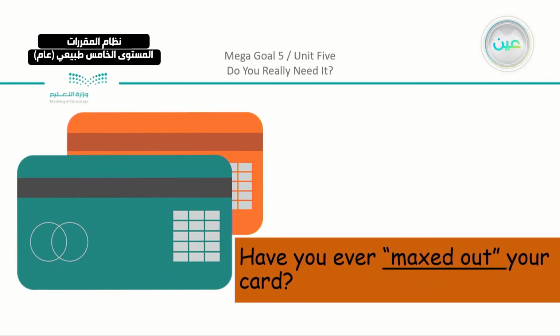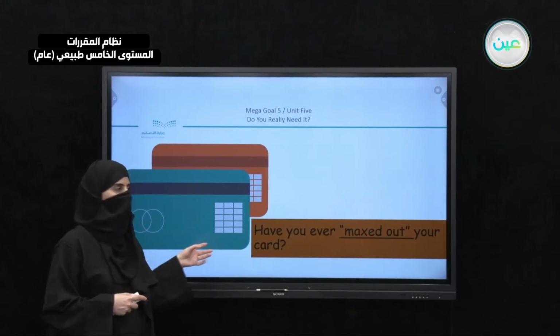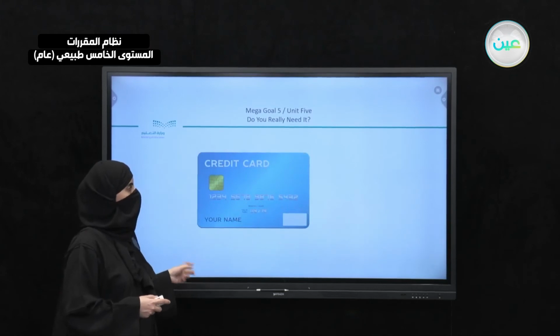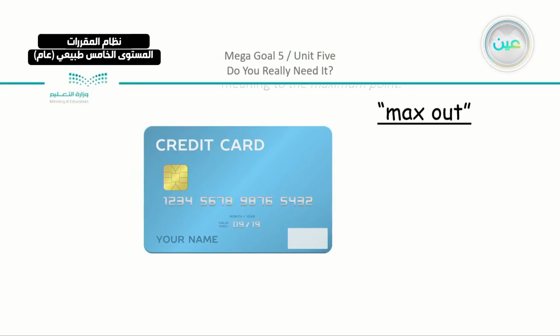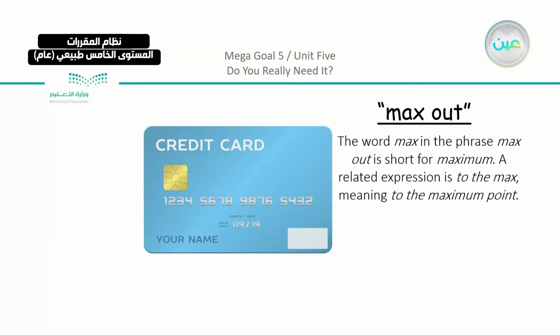Have you ever maxed out your card? Maxed out here. What is the meaning of maxed out? So now I know that it is something that is associated with cards, bank cards. We have here the word maxed out. The word max in the phrase max out is short for maximum. A related expression is to the max, meaning to the maximum point.